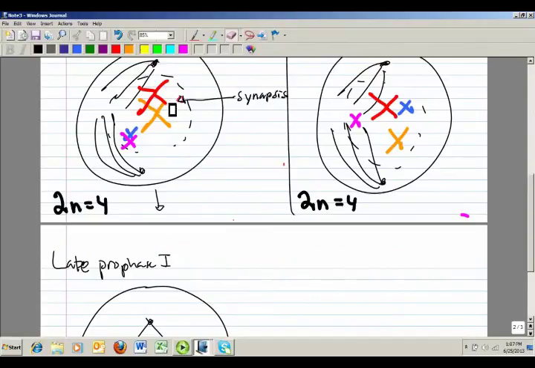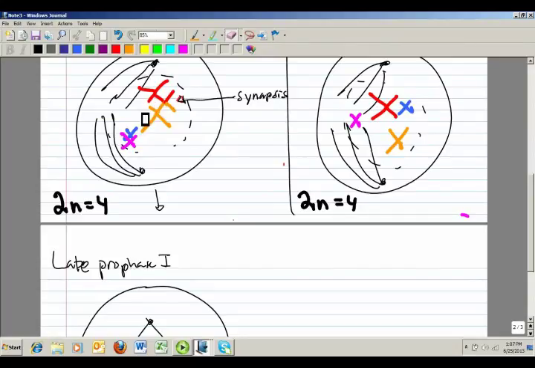At this crossover point, this end of the chromosome is going to switch over part from the other chromosome. Do the same over here.